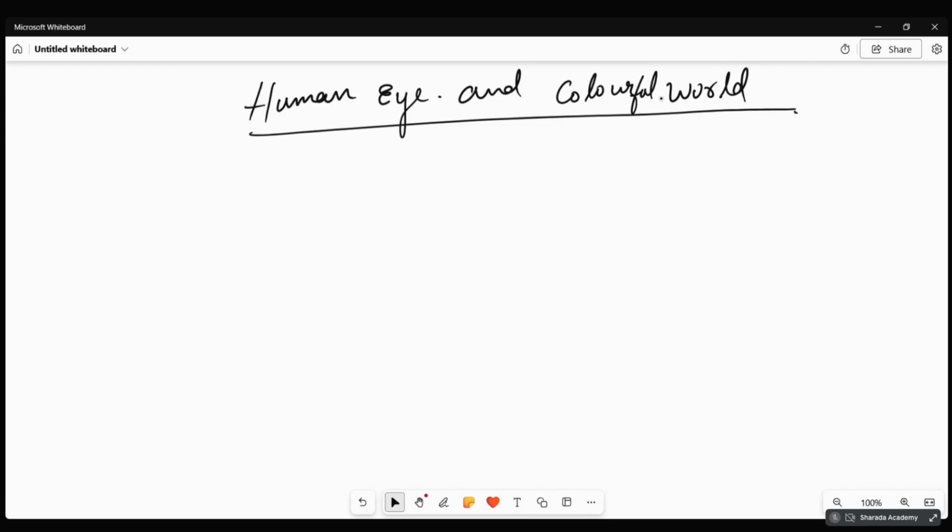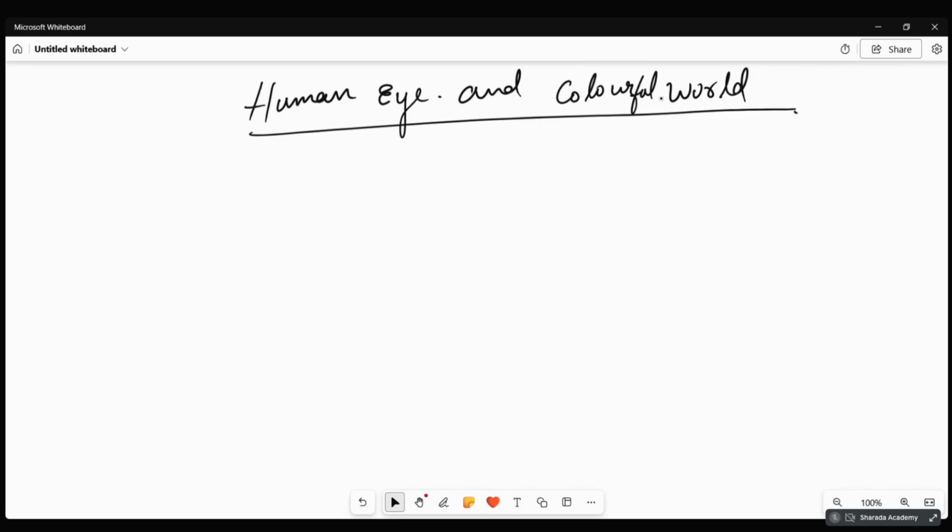So what all are there in the human eye? First, we will see the human eye parts. One is the cornea.